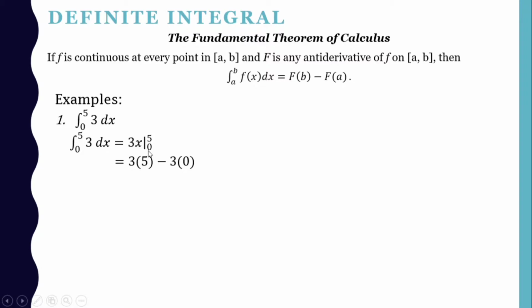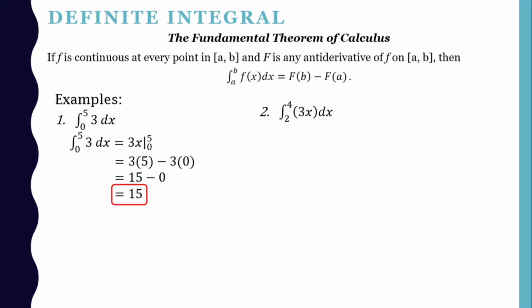That's 3 times 5 minus 3 times 0. 3 times 5 is 15, 3 times 0 is 0. So that's 15 minus 0, that is simply 15. So the integral of 3 dx from 0 to 5 is 15.